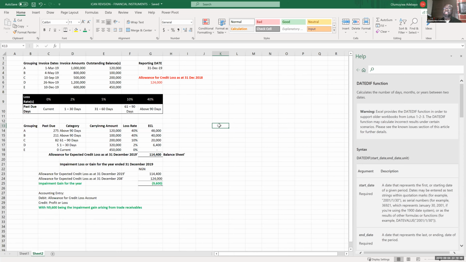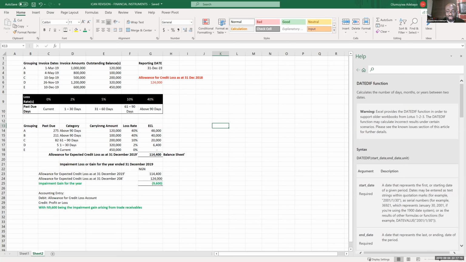Because we are in stage 3 in general, that's why we did lifetime. If it's stage 1, we only estimate capital recovery and shortfall within 1 year. That's why we said 12-month expected credit loss is a portion of the lifetime, contributing the effect of default in 12 months. Is that okay?